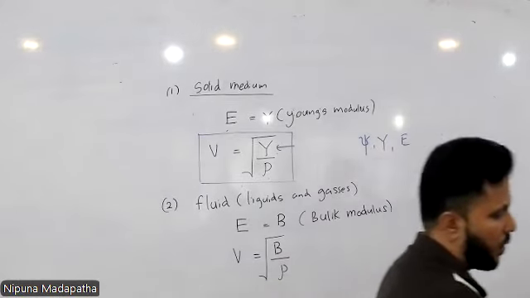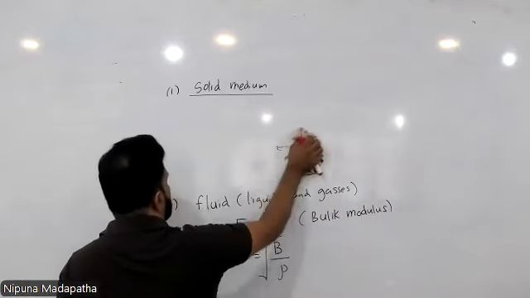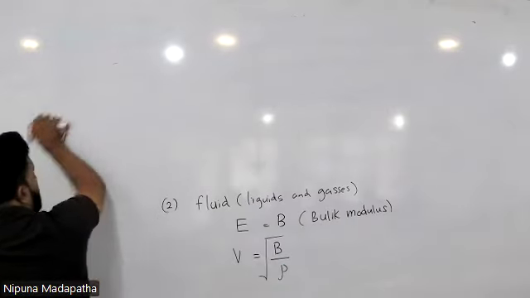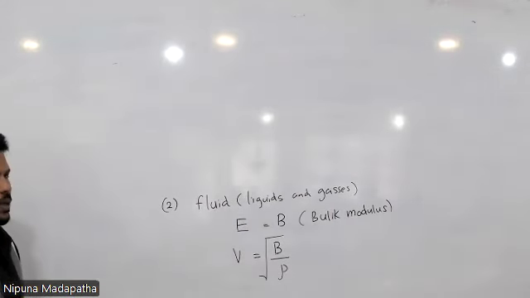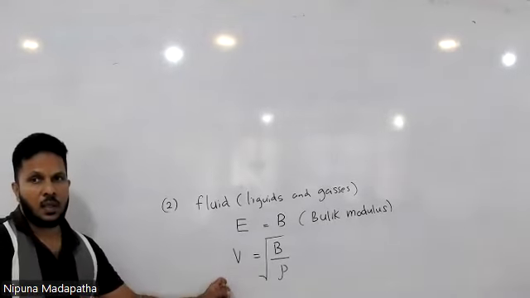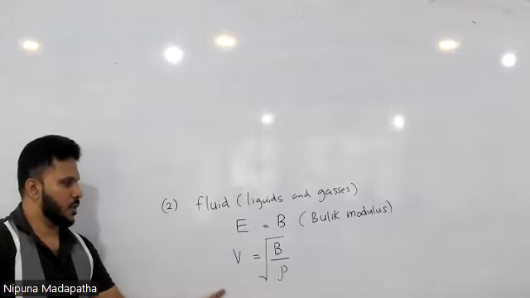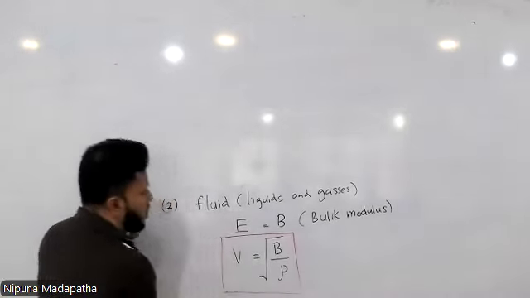Elastic modulus is bulk modulus. Therefore, speed of longitudinal waves in liquids and gases is given by, here, like this: v equals square root of E over rho.